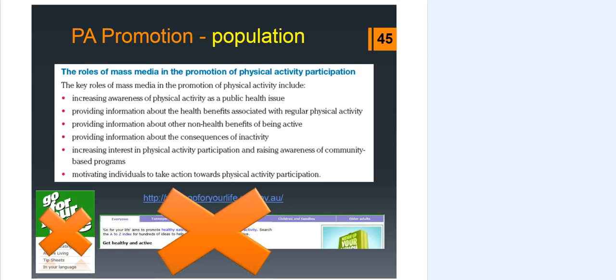Again, looking over the key roles, raise awareness, benefits, the non-benefits, which we could also write as the consequences, listed there as consequences as well, increasing interest in physical activity participation, and raising awareness of community-based programs.